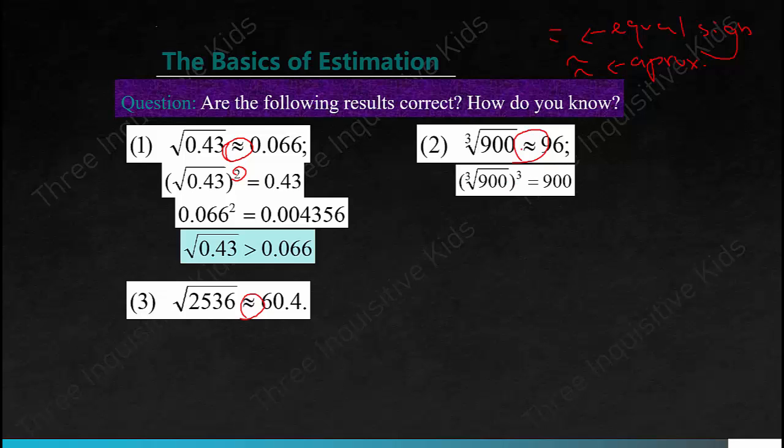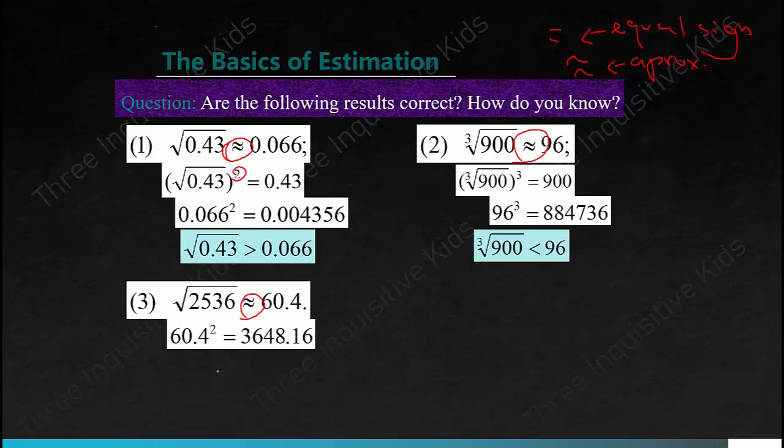If you cube each side of this, you see that the cube of the left side is 900 and the cube of the right side is 884,736. So you immediately know that the cube root of 900 is less than 96. 3. The square root of 2536 is about 60.4.